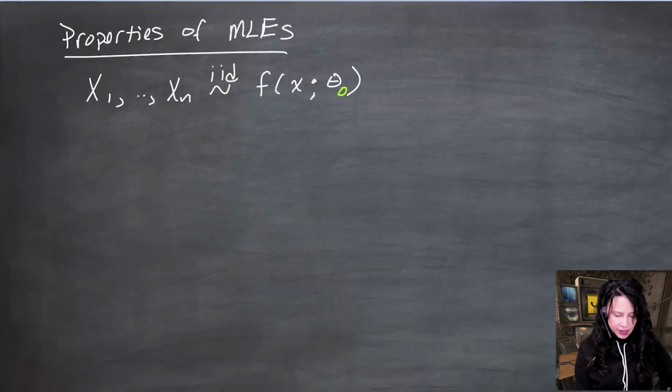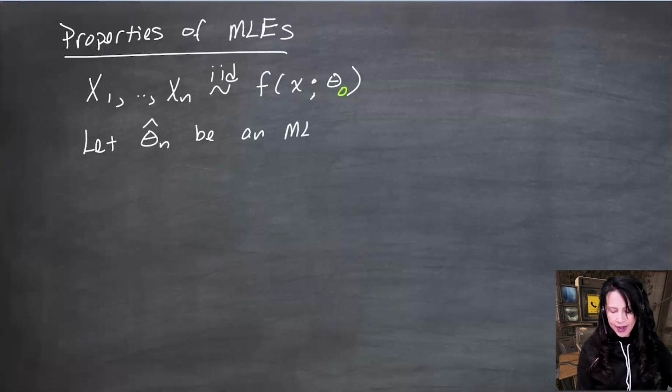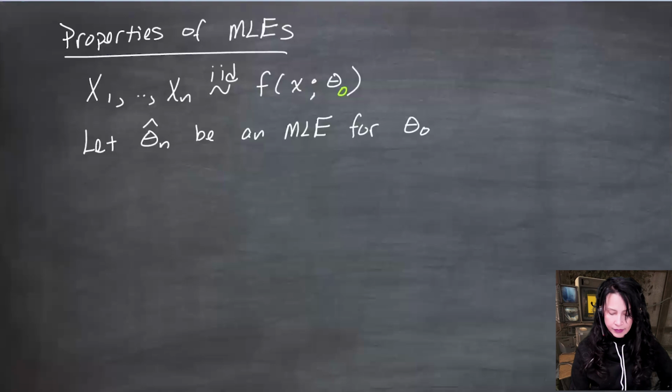Okay, so I'm going to let theta n hat be a maximum likelihood estimator for theta naught. We've used this notation before.